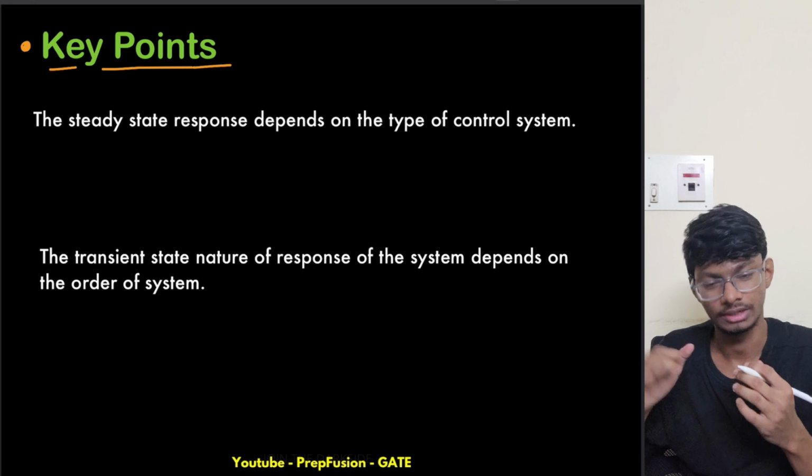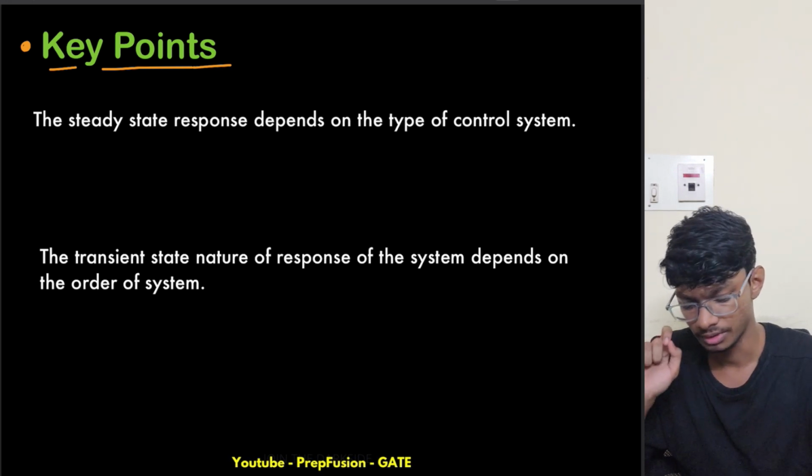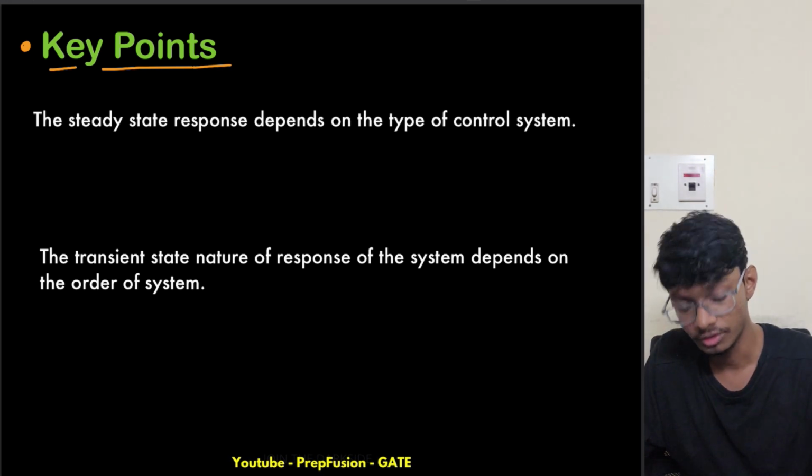So what do you mean by type? I've already explained you before also, but here I will still write it. What do you mean by type? I hope you remember that type, right?